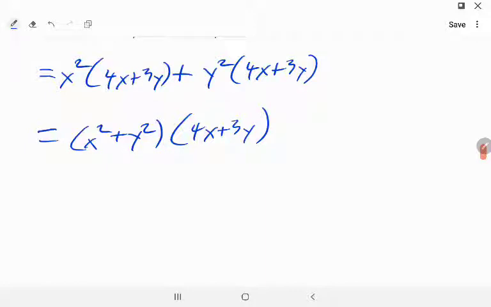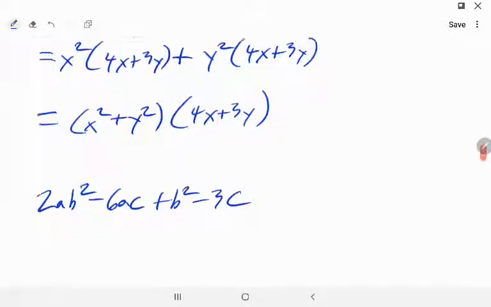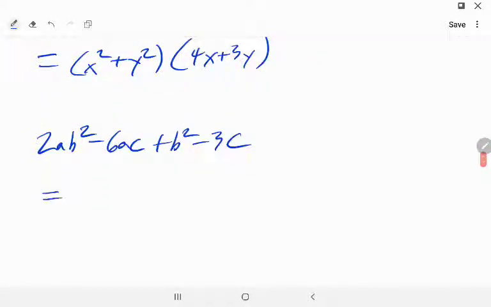If we tried 2ab squared minus 6ac plus b squared minus 3c, we notice that we can pull out a common factor of 2a from the first two terms, which leaves behind b squared minus 3c.